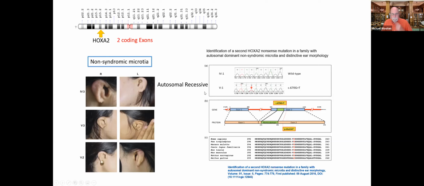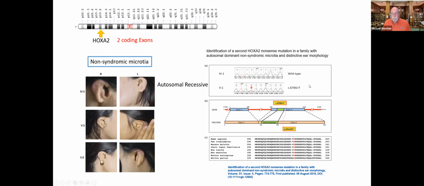It tends to be the predominant form, and there are multiple forms of this, okay? I think one of the recent studies found at least 40 genes that can be involved in non-syndromic microtia. There are some very rare cases of others, but the fairly common form of it is autosomal recessive, and it's due to a nonsense mutation.